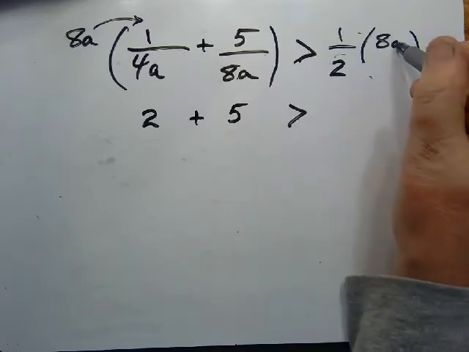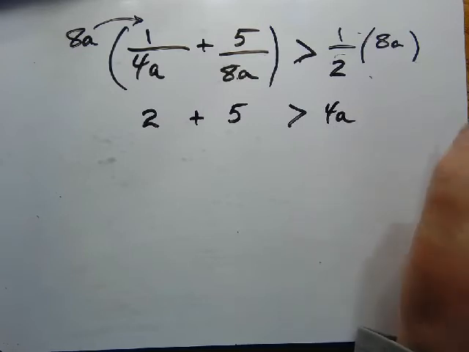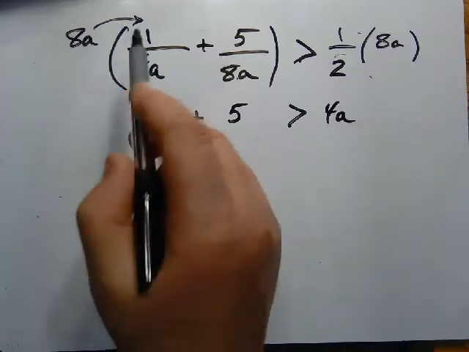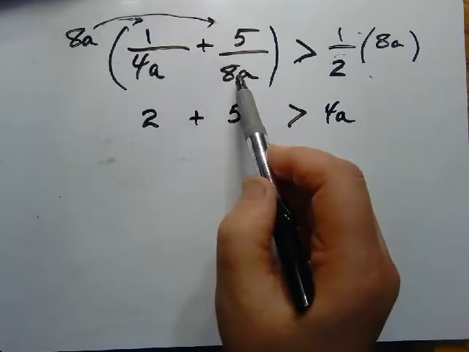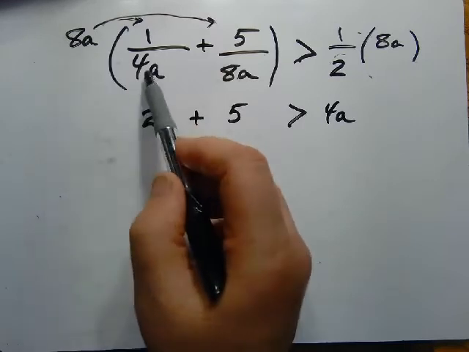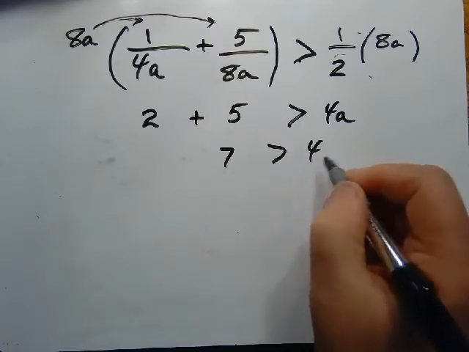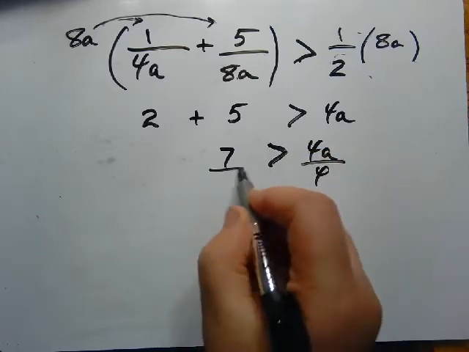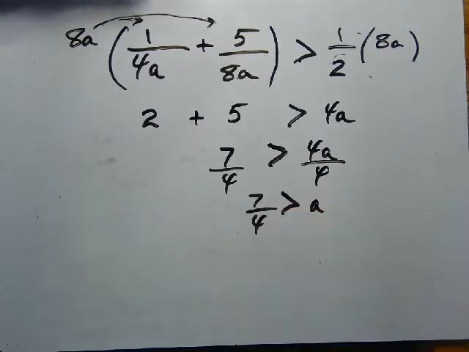And over here, 8a over 2 is 4a. 2 cancels with 8 and makes 4a. So if we distribute this in properly, the 8a's canceled here. 8a and 4a reduced to 2. And I end up with 7 is greater than 4a. Finally, if we divide both sides by 4, a is less than 7/4.